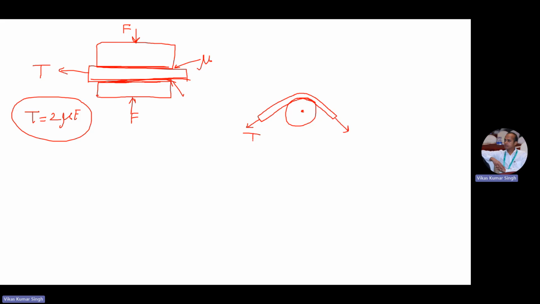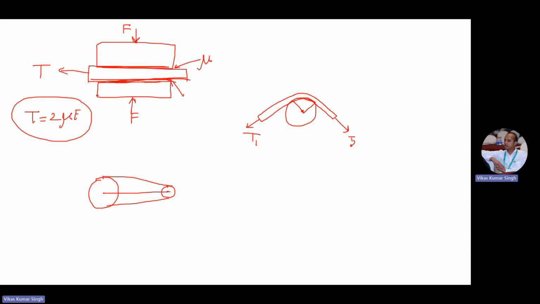Suppose this is T1 and this is T2, and this angle is given. In the same way as you derived for the pulley belt problem, where one big pulley and one small pulley were there, and you had to find the center distance, and the belt was passing from here to here.